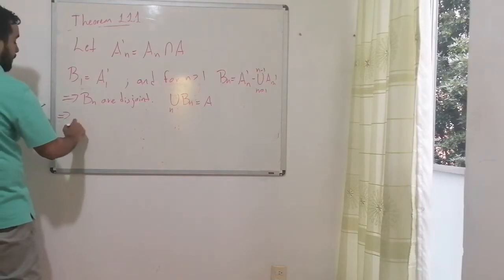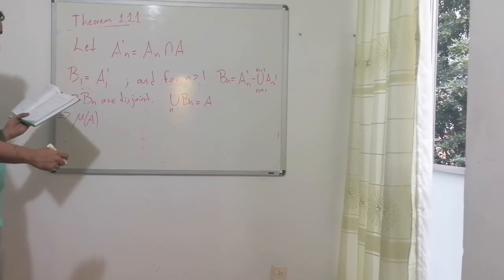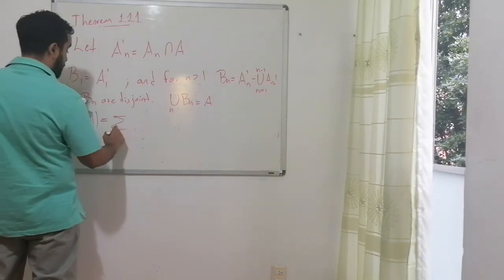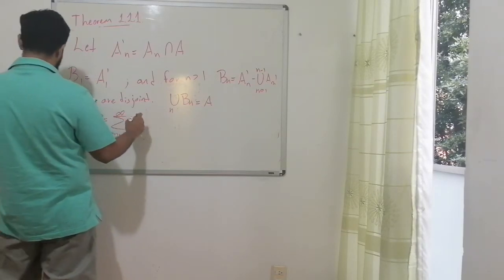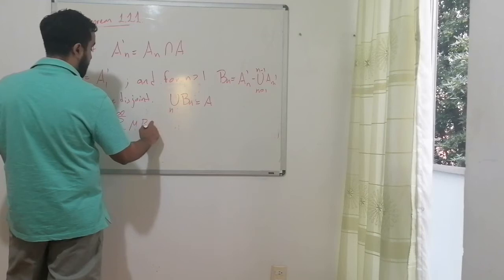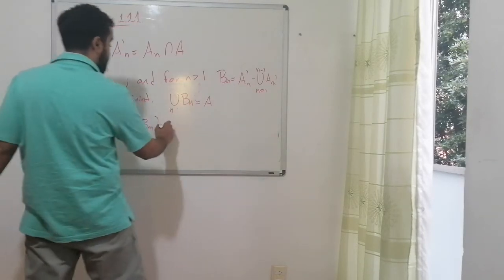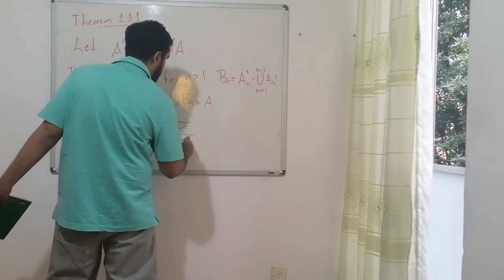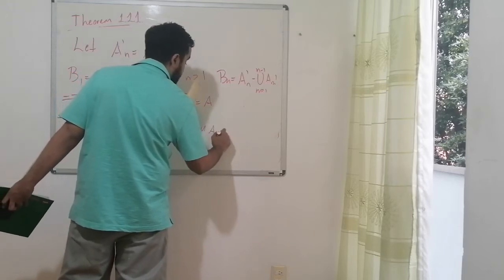This implies that the measure mu applied to A is equal to the sum from m equal to 1 to infinity of mu of B_m, and this is less or equal to the sum from m equal to 1 to infinity of mu of A_m.